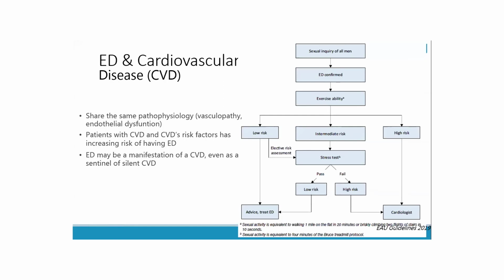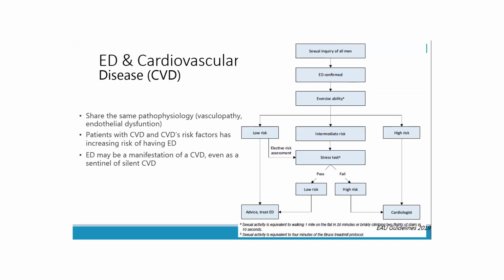Some people, especially in the general population, attribute this to the PDE5 inhibitors, while the most common factor is their exercise ability. Sexual activity is almost equivalent to climbing 2 flights of stairs in 10 seconds. So if the patient is able to perform this exercise, then they are able to perform sexual intercourse, and they are categorized as low risk.